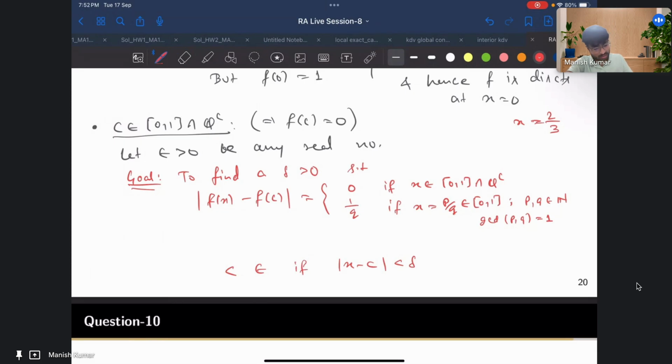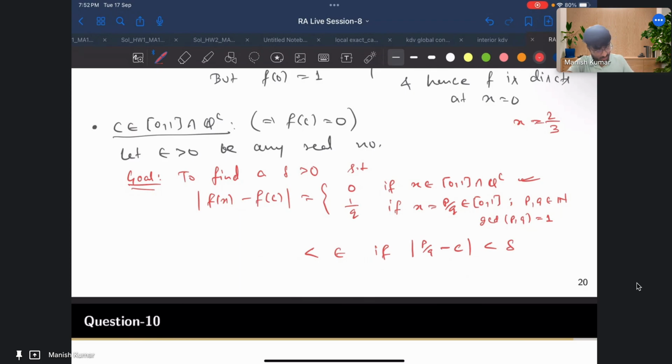Then my goal is to prove that this is less than epsilon if, so see, this condition is anyway true for irrational x because it is 0, so no issues. This is less than epsilon if my x minus c is less than delta. So if it is irrational, there is no issue. We only need to worry about a rational point. So this would be less than epsilon if my x, which is p by q, minus c is less than delta, then we are done, right?